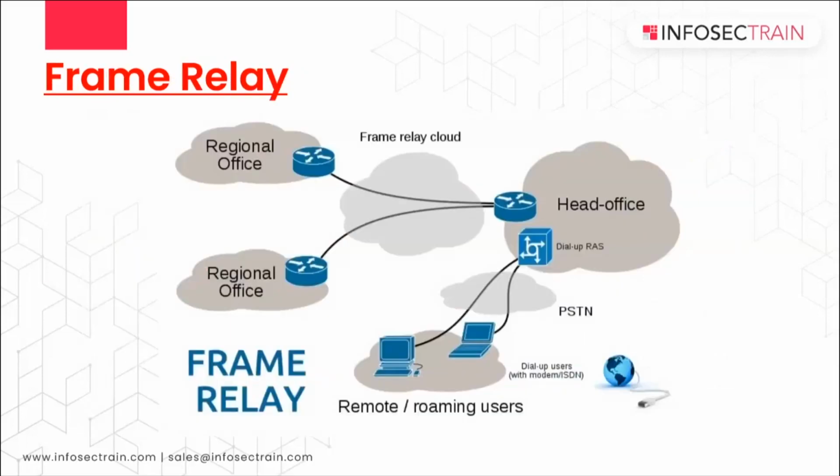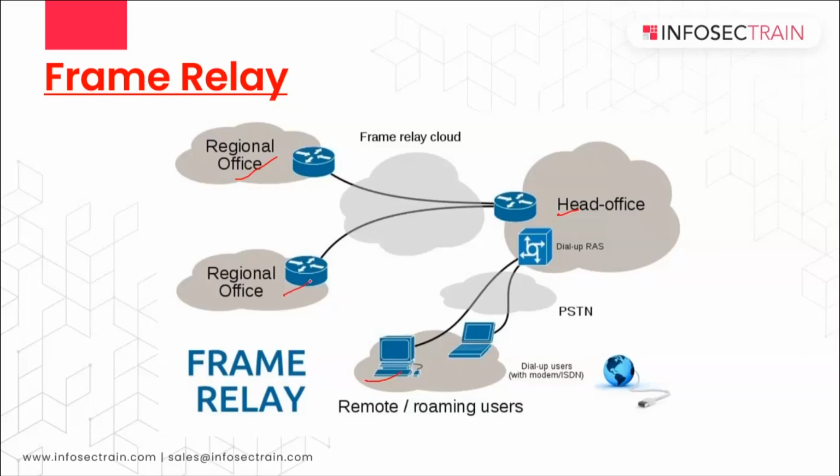Next we have is frame relay, guys. Again, it's a type of WAN technology that uses packet switching to transmit data between devices. Let's say there is my regional office, my head office, some remote users, and another regional office.